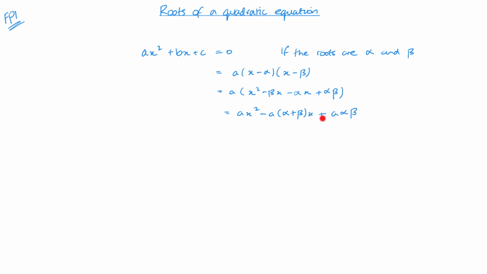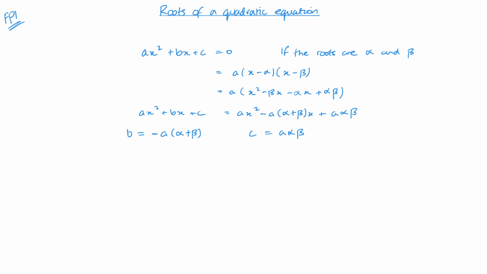Now if I compare this to this equation, which I'll just rewrite here so you can see it nice and easy, then obviously a equals a, that's unchanged. But if I look at the coefficient of x, I can see that b is equal to minus a times alpha plus beta. And I can also see, looking at the constants, that c is equal to a times alpha times beta.